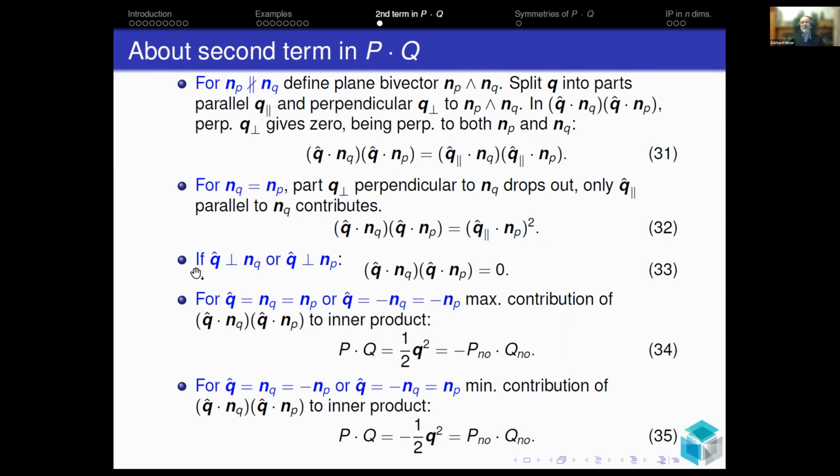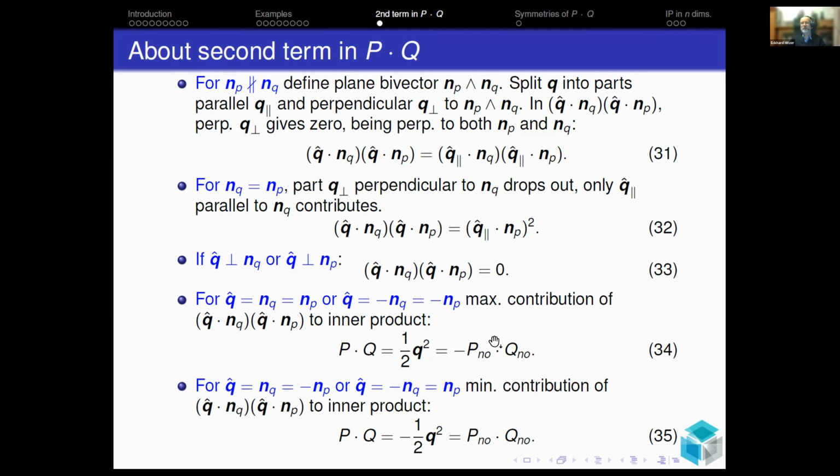If the distance vector is orthogonal to both vectors, then we always get 0 from this term. And if the NP and NQ are the same and Q points in the same direction or opposite, so the distance vector points in the same direction or opposite, then we get the same result like having two conformal points in the same positions of P and Q.